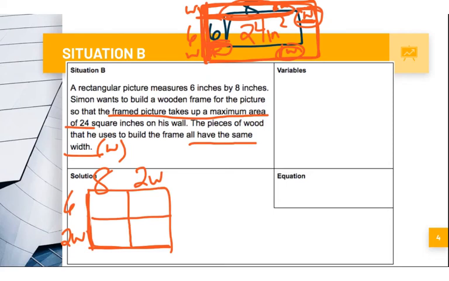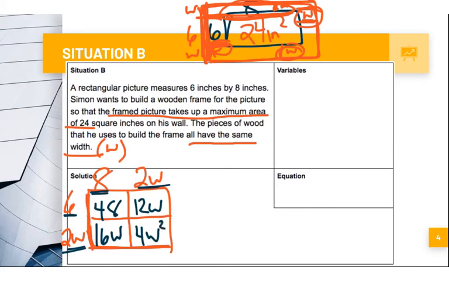So now I'm just going to figure out what this is in standard form. I have 6 times 8 is 48. 6 times 2W is 12W. 2W times 8 is 16W. And 2W times 2W is 4W squared.